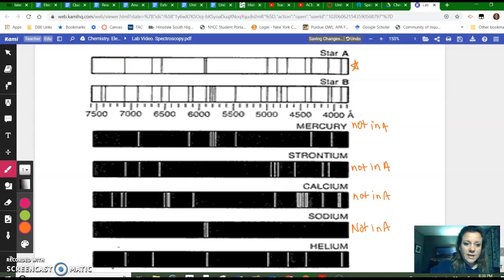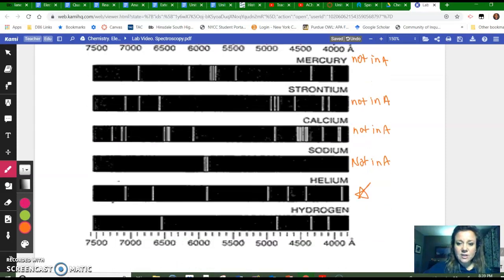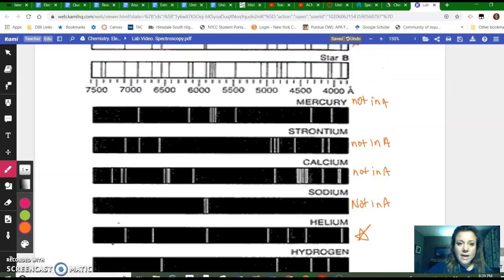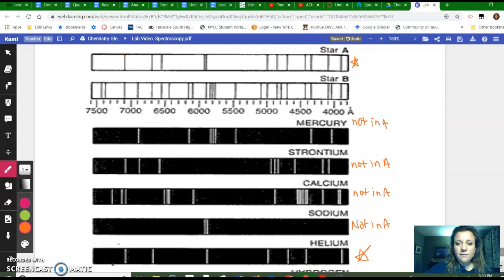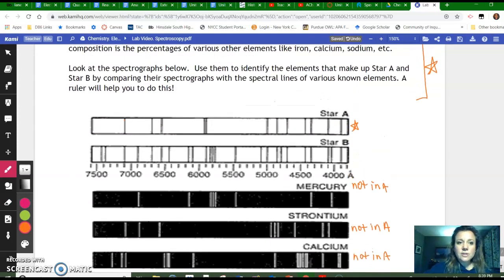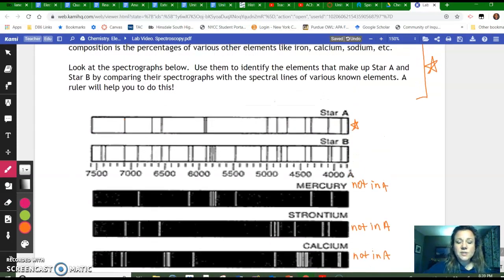But if I look at helium, you'll see that all spectral lines for helium match up with star A. So helium is definitely in star A. And then you would have to check for hydrogen and see if it is in there. So then you just have to list which elements make up star A and which ones make up star B. So I just did star A with you. You can figure out star B.